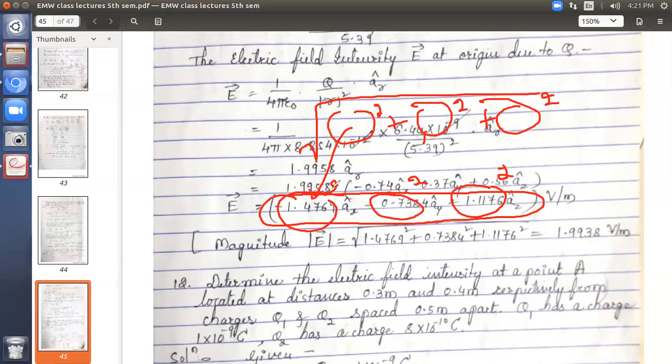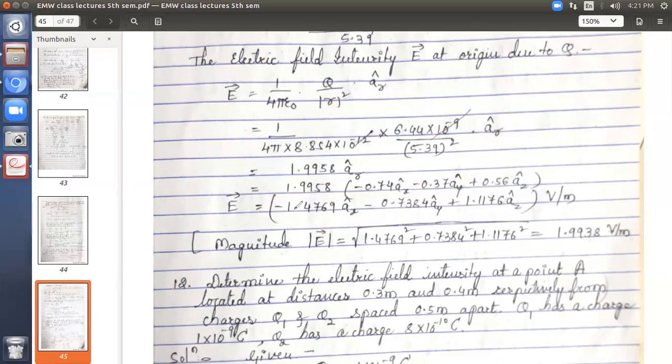They are 1.4769 whole square, 0.7384 square, 1.1176 square. The square root of this will give you the magnitude of this vector. Okay, you can see it.